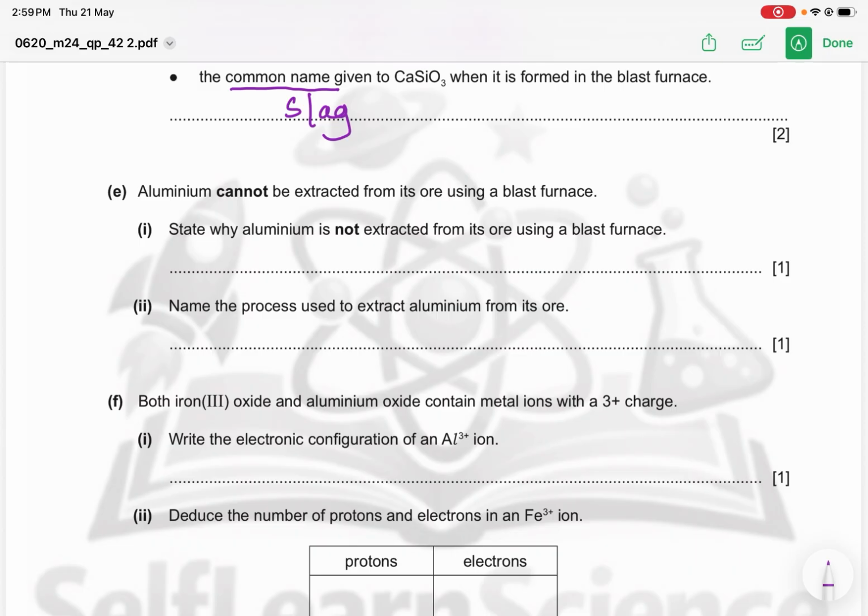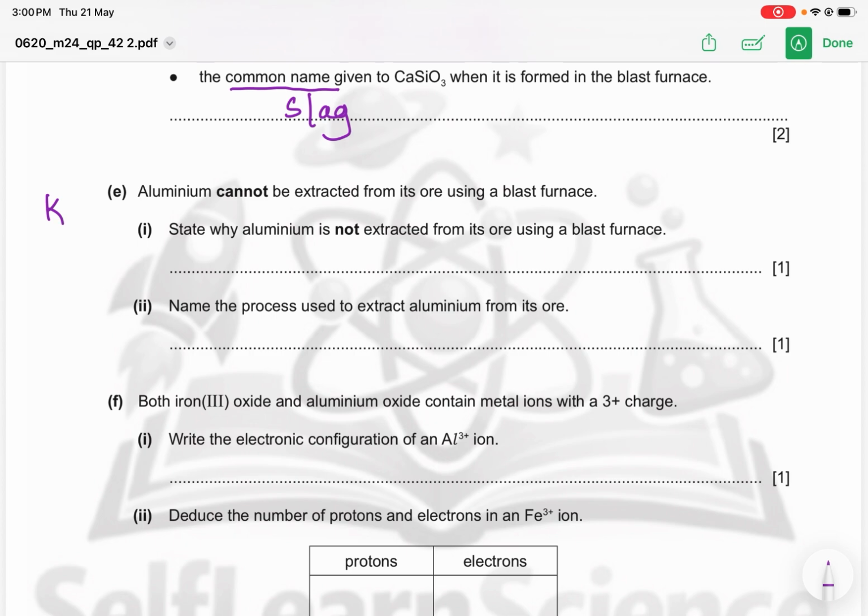Next, aluminium cannot be extracted from its ore using a blast furnace. State why aluminium is not extracted from the ore using a blast furnace. We know that aluminium is extracted using electrolysis. And why is it so? Because if you see the reactivity series, aluminium comes above carbon.